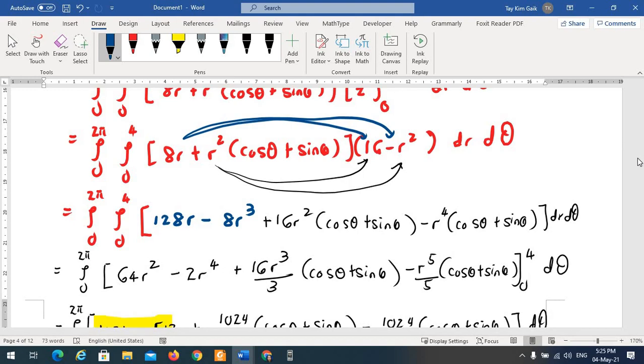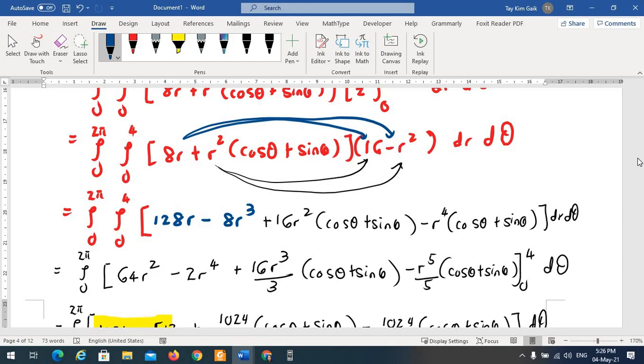So 8r times 16, we get 128r. Negative r squared times 8r, so we get negative 8r cubed. Then r squared times 16, so 16r squared, bracket cos theta plus sin theta. And then r squared times negative r squared, negative r to the power 4, bracket cos theta plus sin theta.